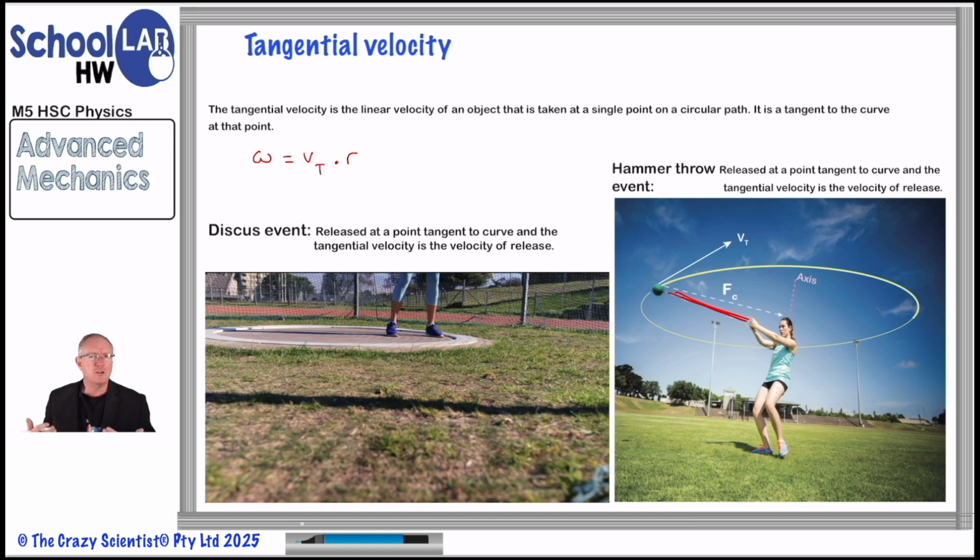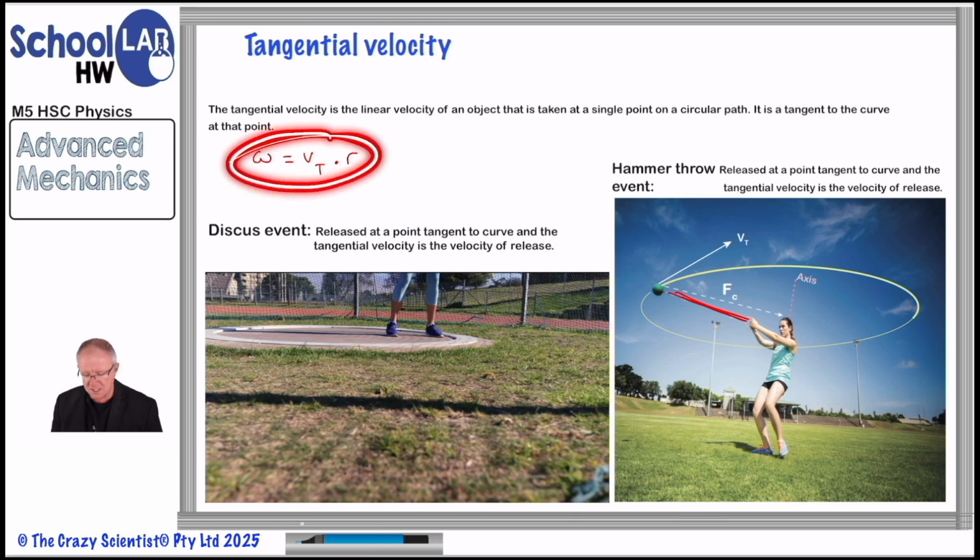So how else can you get a greater tangential velocity? Well, if you rotate or spin more times or faster in the same second or two, right? So if you increase the rate of rotation. And so basically what I'm saying here, hopefully it makes sense, is that as you increase the rate of rotation, you get an increase in the tangential velocity when you release it, because the radius is the same.